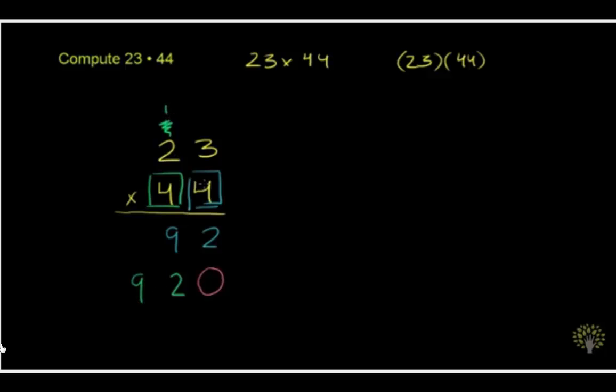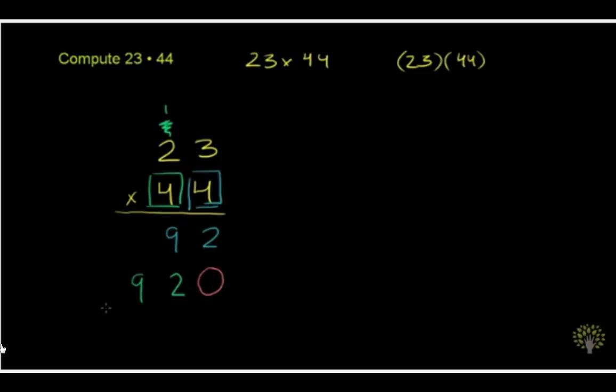So what we figured out so far is 4 times 23 is 92, and this green 4 times 23 is 920, and that's because this green 4 actually represents 40. It's in the tens place. So when you multiply 44 times 23, it's going to be 4 times 23, which is 92, plus 40 times 23, which is 920.